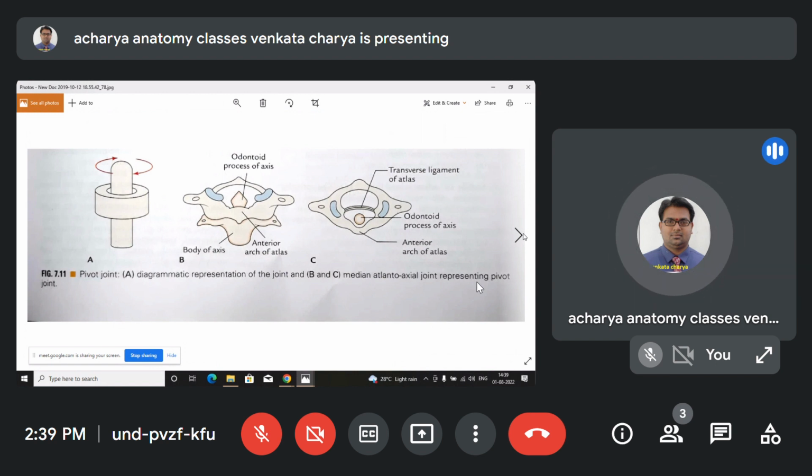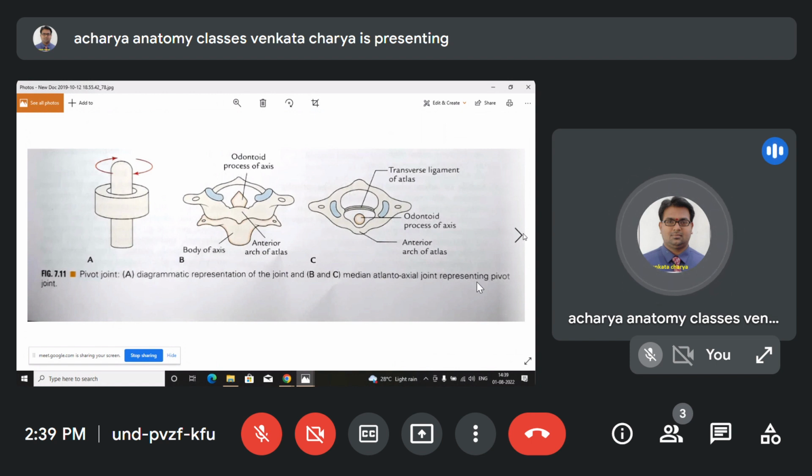Atlanto-axial joint. The joint present in between C1 and C2 is called the atlanto-axial joint, which produces the no movement.